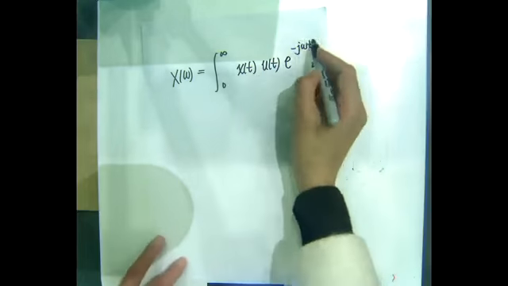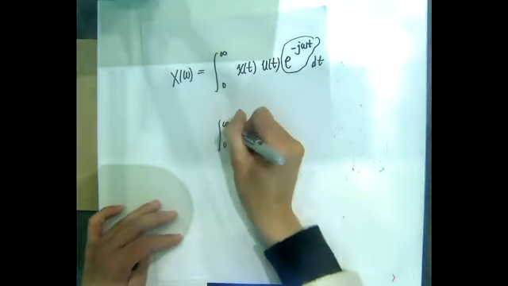You can see this amplitude will not give me any extra information, because for any omega and any t, the amplitude of this one is always constant 1, since it is cosine plus j sine.